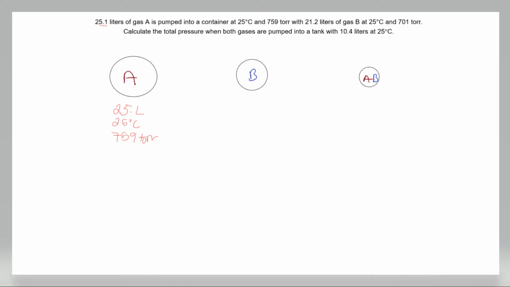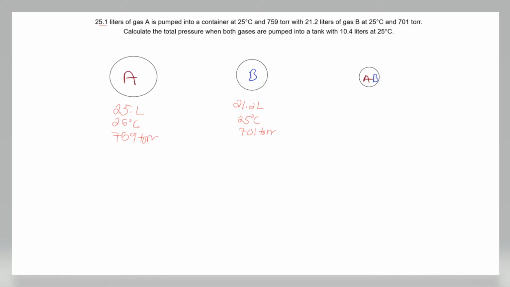It's going to mix with 21.2 liters of B at 25 C, so we're not changing the temperature, but it's a little lower pressure. So that is the first sentence, okay? Really try to interpret the language and maybe draw some pictures and associate the numbers to each picture. That can really help you.